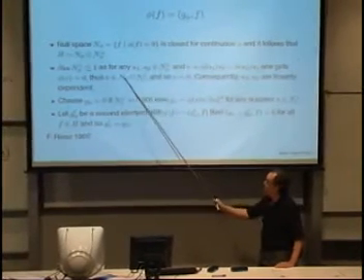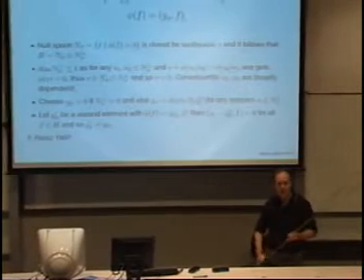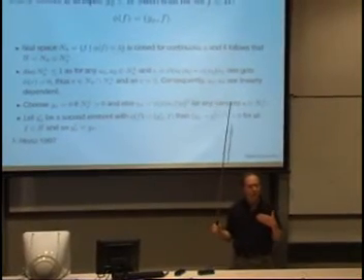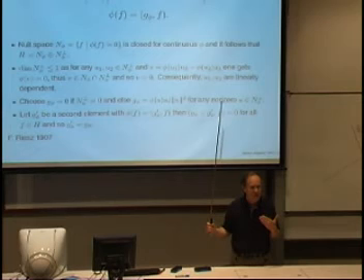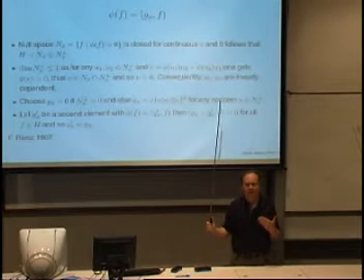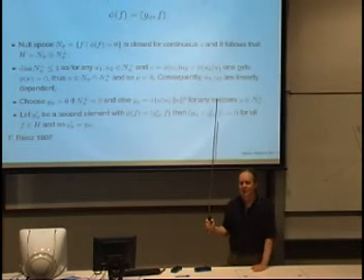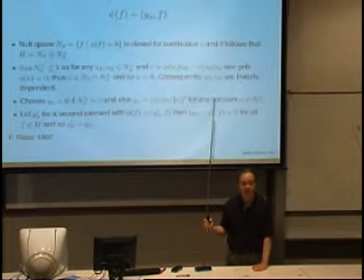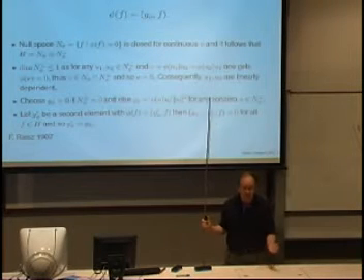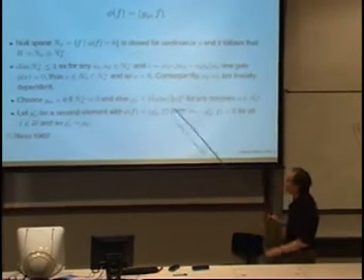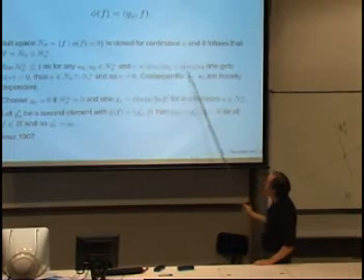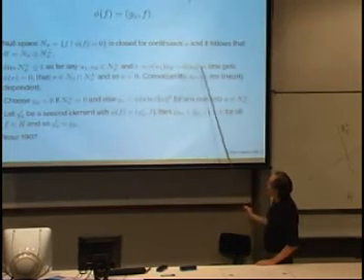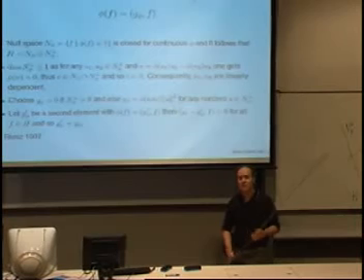So it has to be in both. And if something is in the intersection of a space and its orthogonal complement, what can we say then? It has to be 0. Yes, thank you. It has to be orthogonal to itself, and so it has to be 0. That's the key thing here. Consequently, this combination has to be 0, which means that u1 and u2 are linearly dependent.